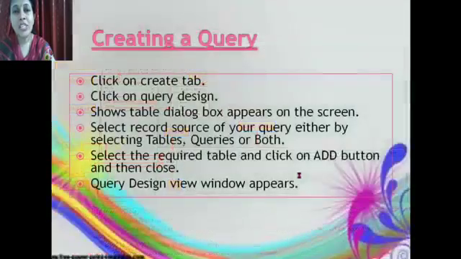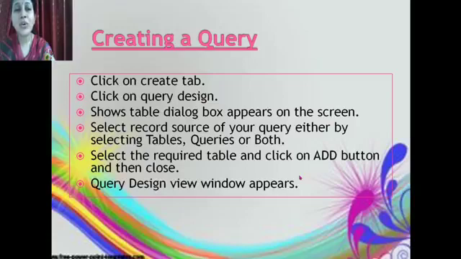Okay, now children, how to create a query? You can create a query using the create tab, and the options are to create a query using query design or query wizard. There are two options, but the simplest one is to create a query using query design.